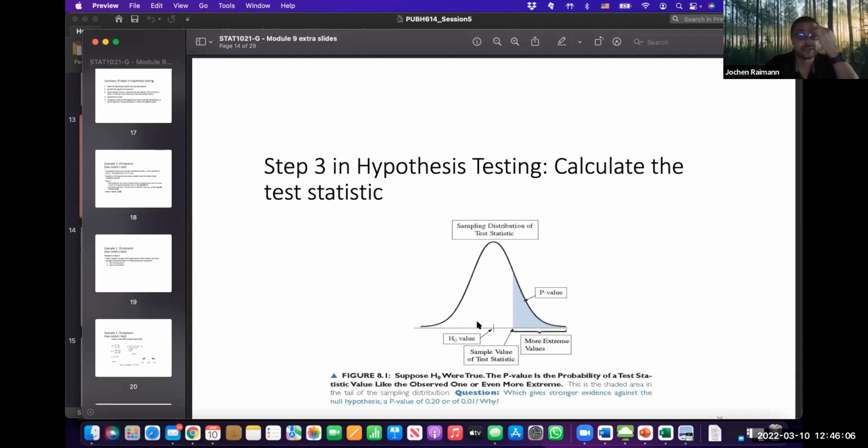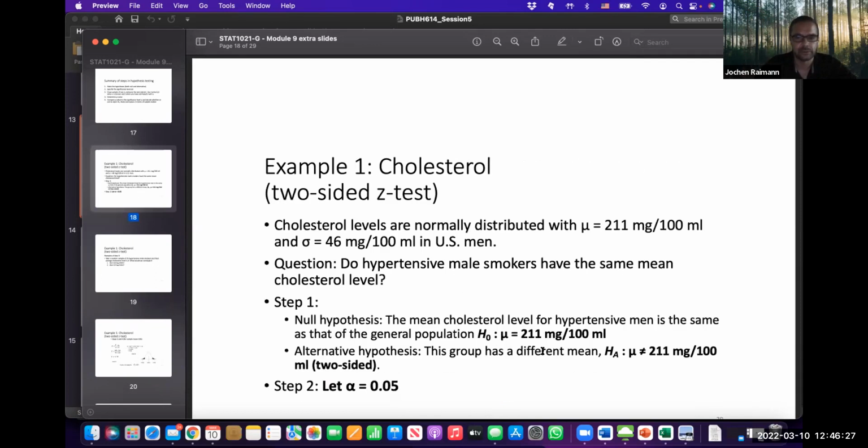Now the idea is that we have one Z value, not a set, which we are trying to compare our sample mean to. So we have a population mean of 211. Now we have a sample mean of 195, given the population mean of 211.